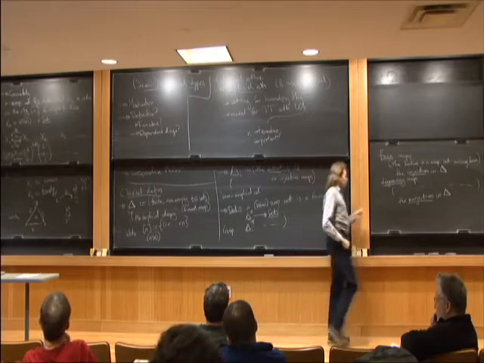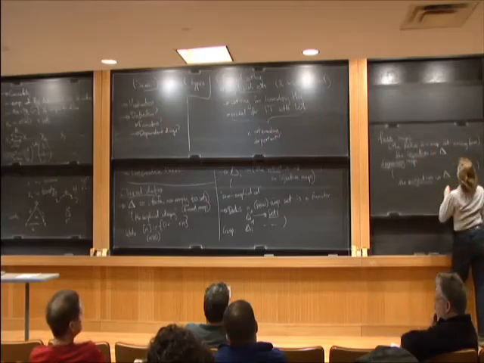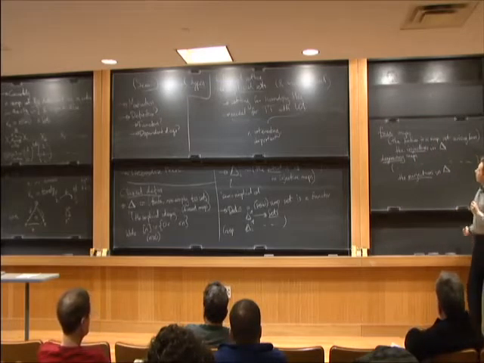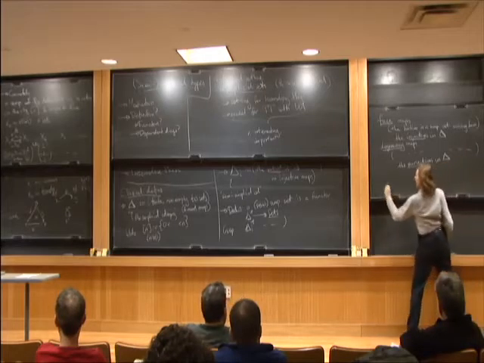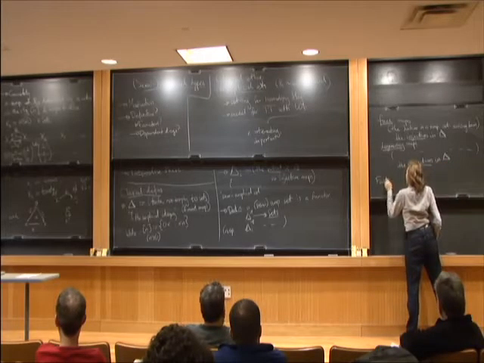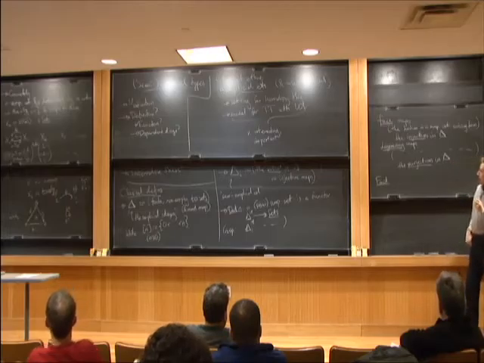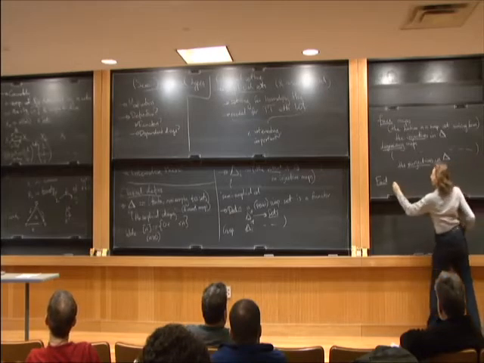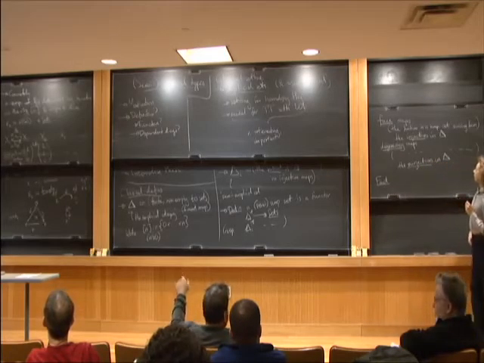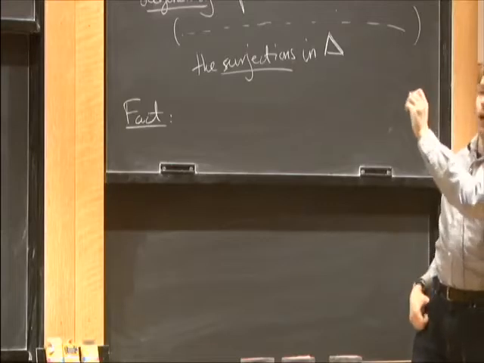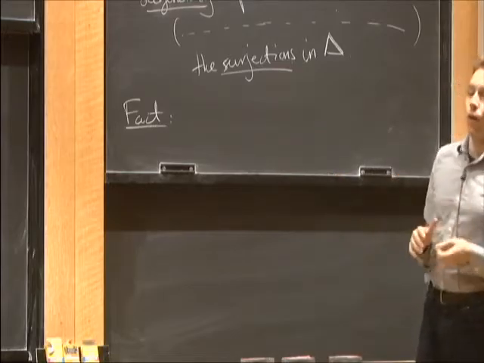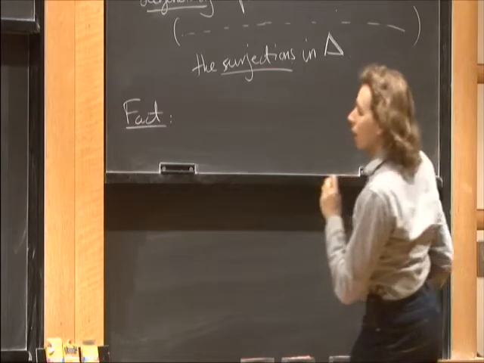So we have the face maps and degeneracy maps. Yes, exactly. And so these were the Ds and the Ss in the presentation over there, or the deltas and sigmas on the Greek side.